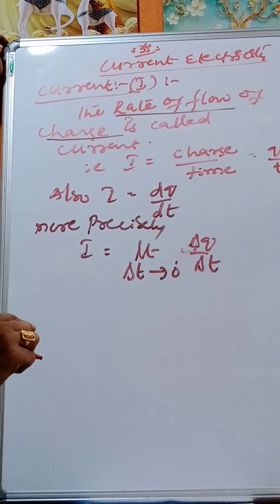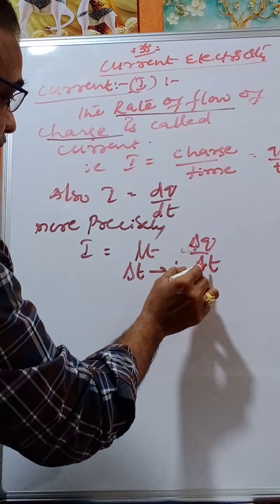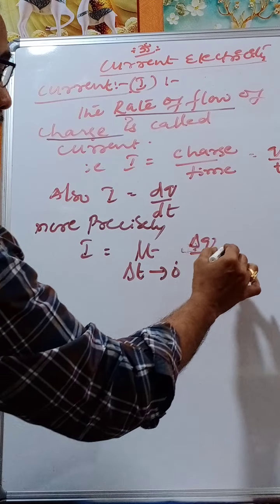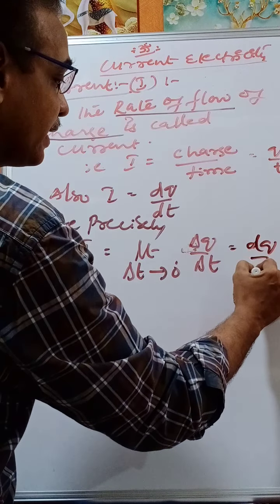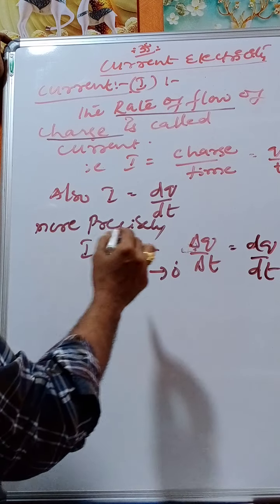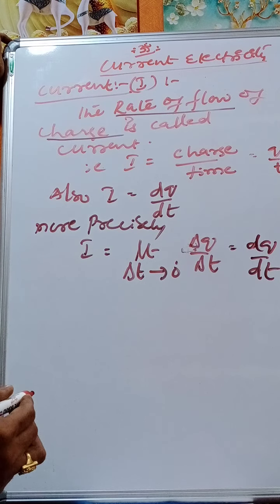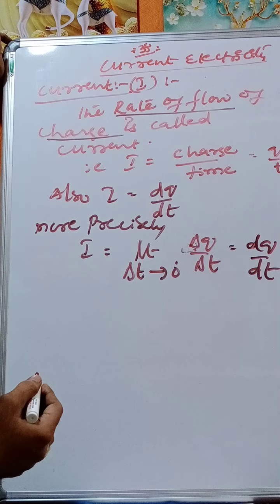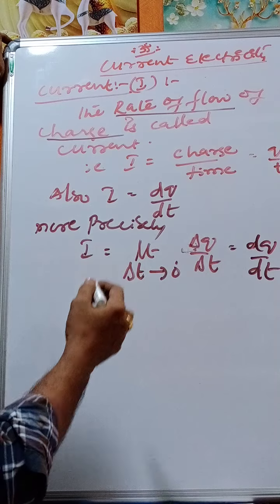In mathematics, when the delta t tends towards 0, then delta q by delta t is taken as dq by dt. Therefore, the current I is equals to dq by dt, or simply we can take the charge by time. Charge by time is called as current.